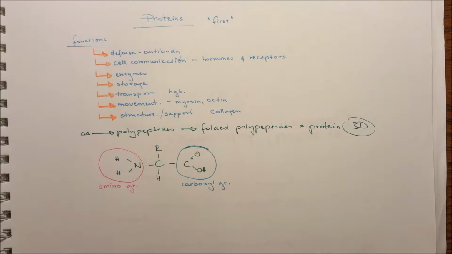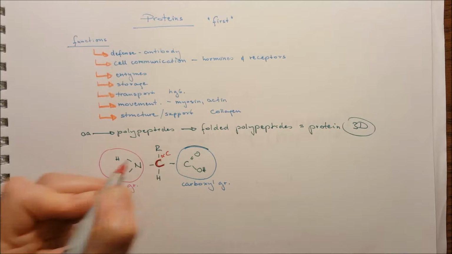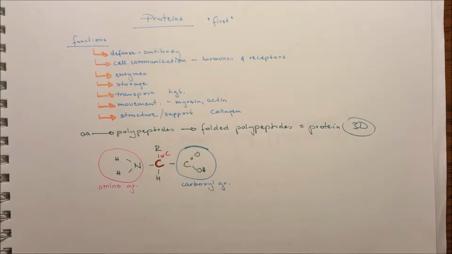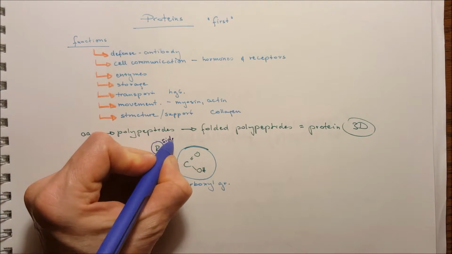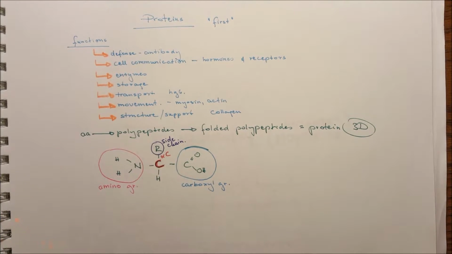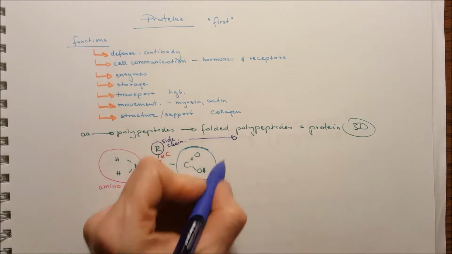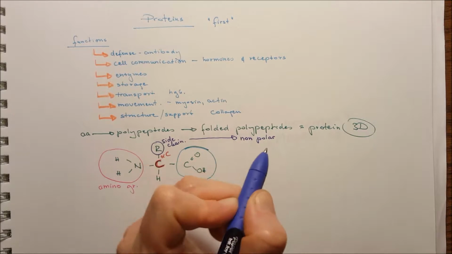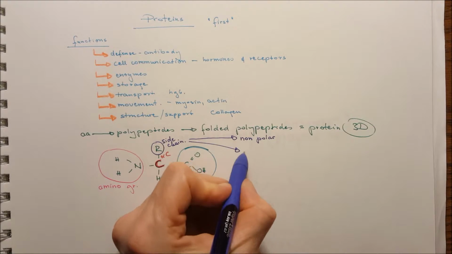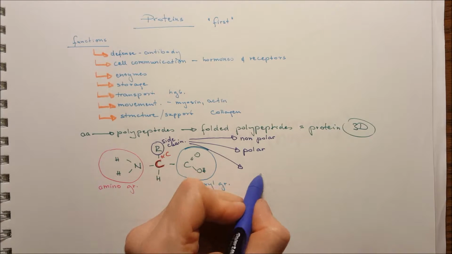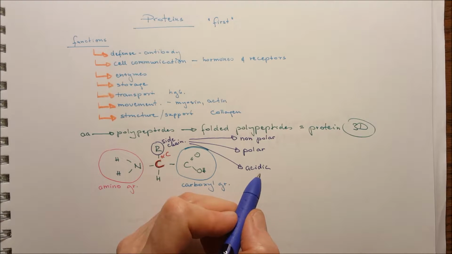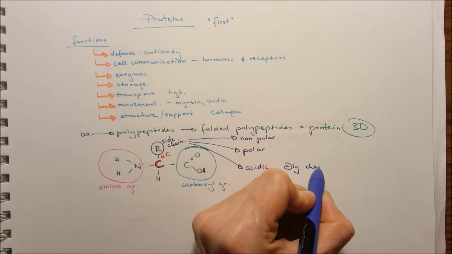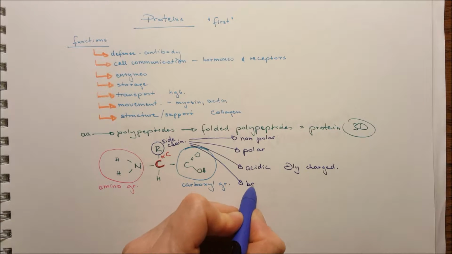The central carbon is called the alpha carbon. And the R is the side chain that is responsible for the chemical behavior or characteristics of the amino acid. It can be nonpolar, polar, acidic, that is negatively charged, or basic, that is positively charged.